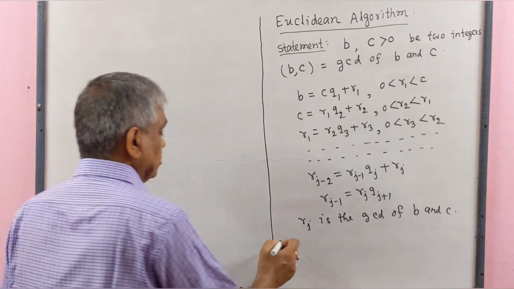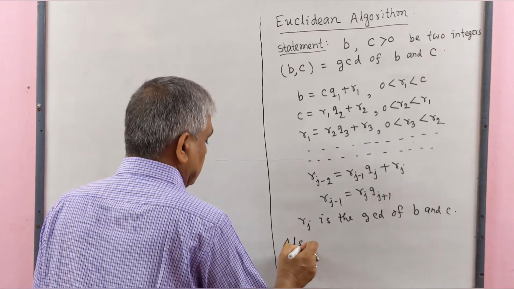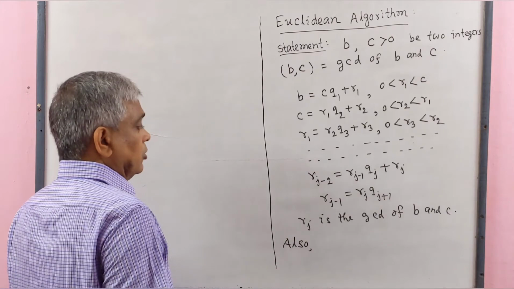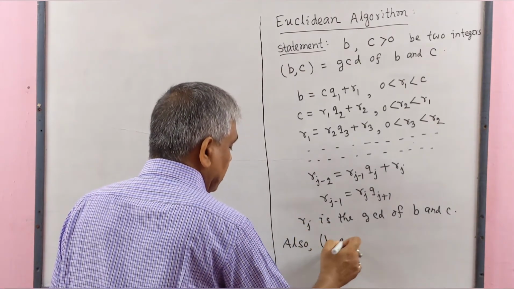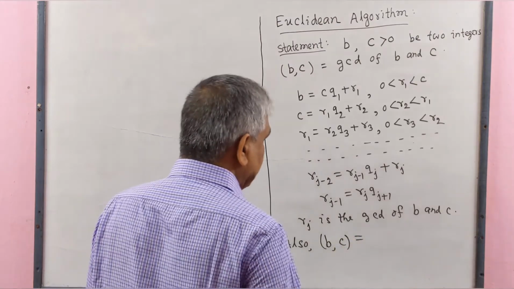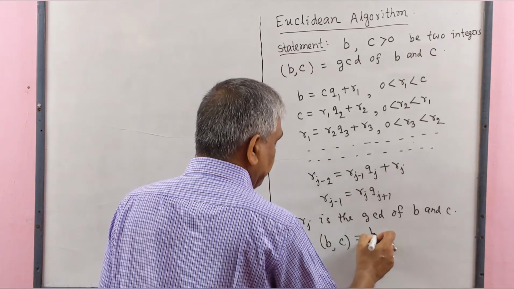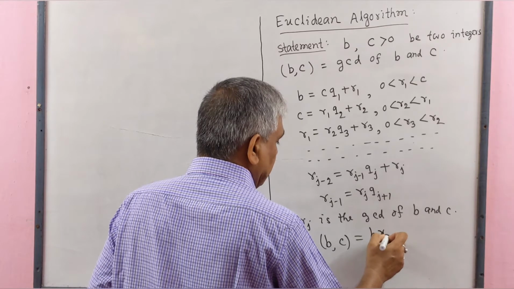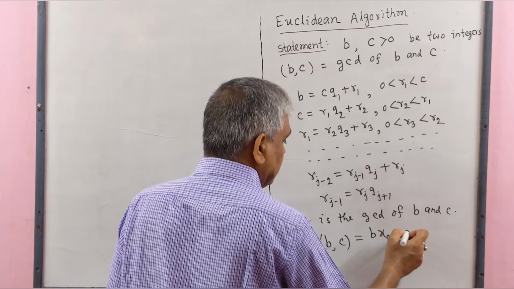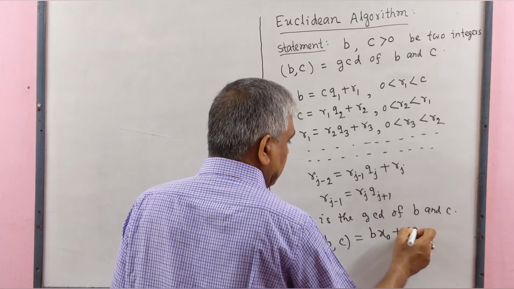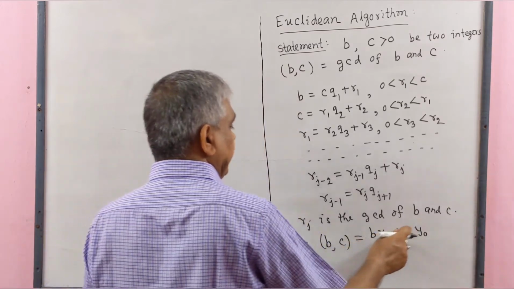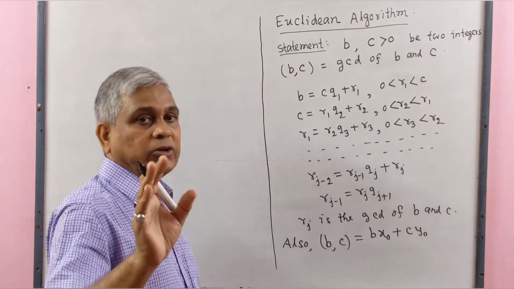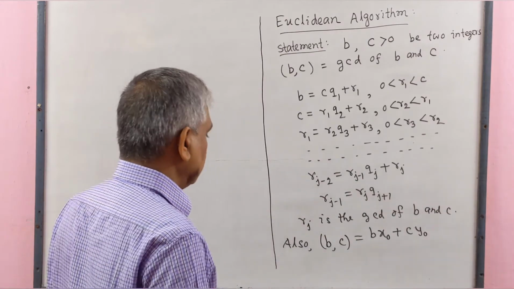Also, the GCD of B and C is a linear combination of B x naught plus C y naught, where x naught and y naught are suitable integers.